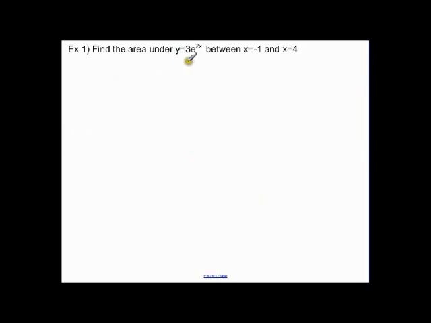So the area under y equals 3e to the 2x. You should know what these graphs look like. You should know that the graph of e to the x just looks like this, right?